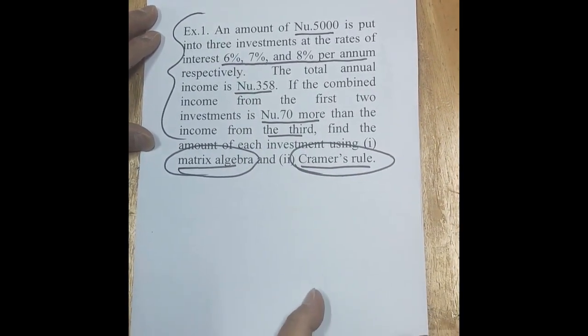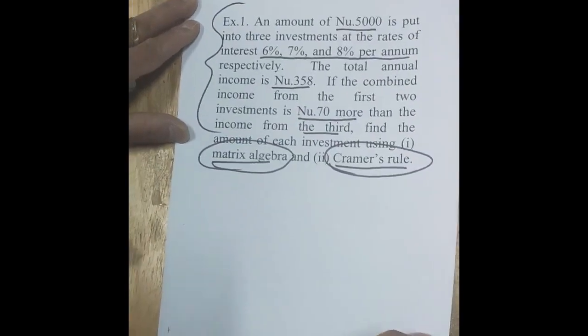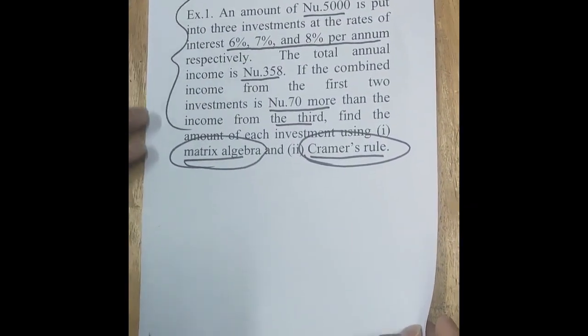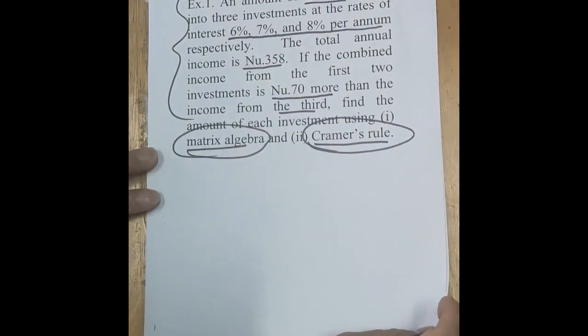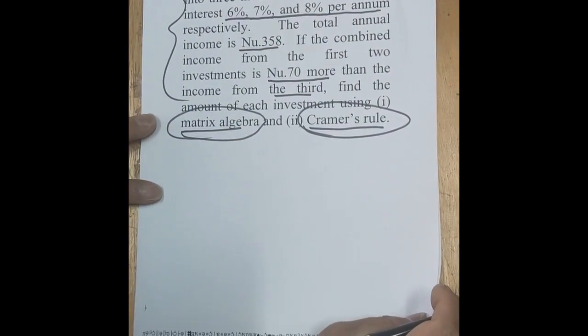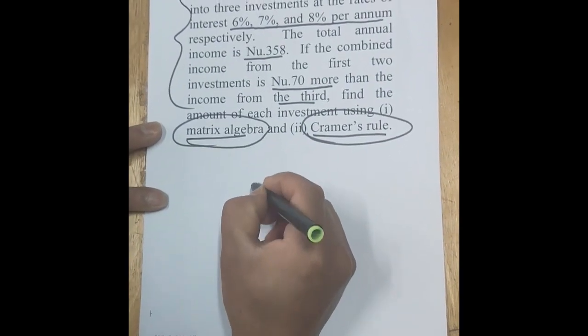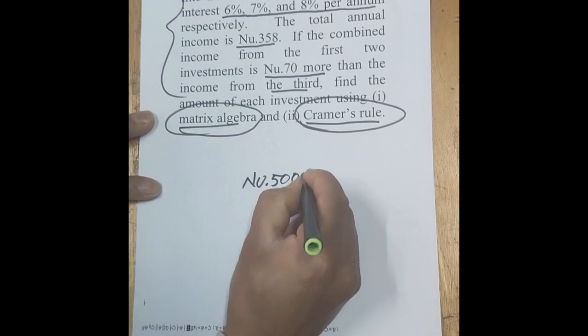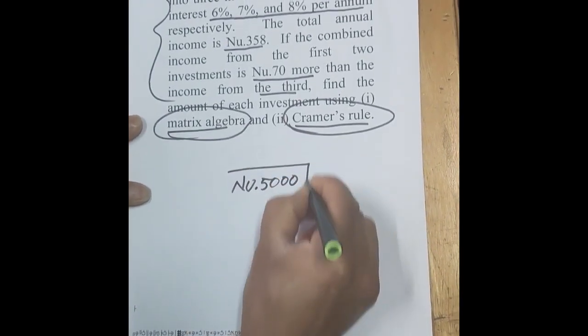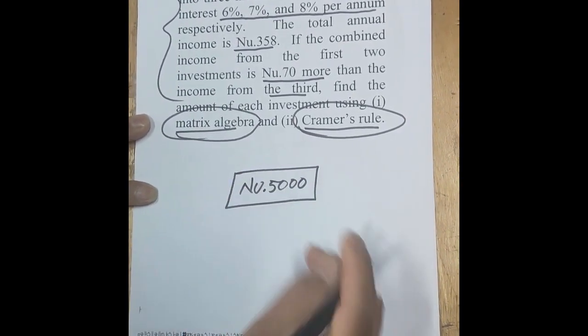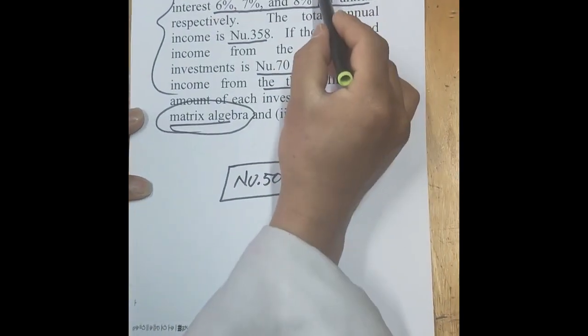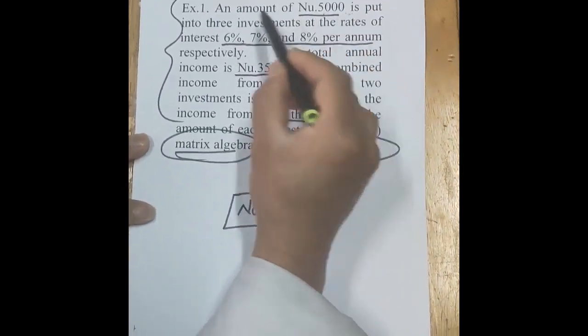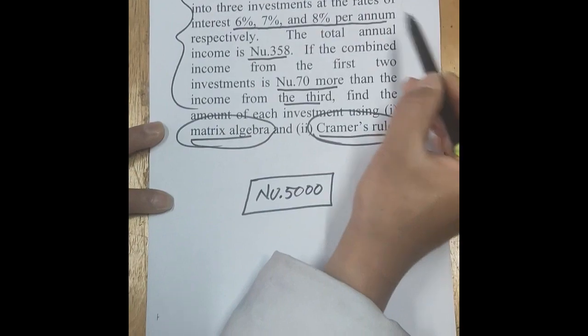Now let me explain this question clearly before we go to the main solution. We have a total amount of Nu 5000, and this total amount is put into 3 investments.